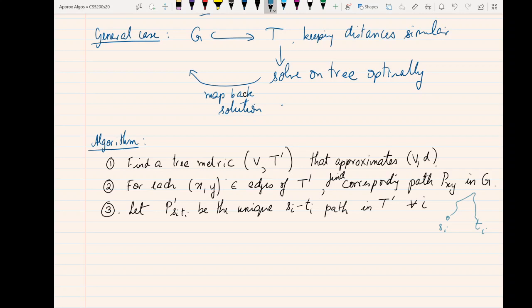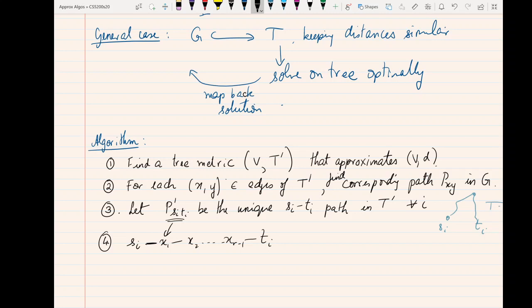As I mentioned, there is some path in T, and this path is unique, so I don't have to think much about it. If you take this path between Si and Ti in the tree, it is a concatenation of edges in the tree. So this path is going to look like Si and then maybe x1, x2, and so on until x(r-1), and then finally you get Ti.